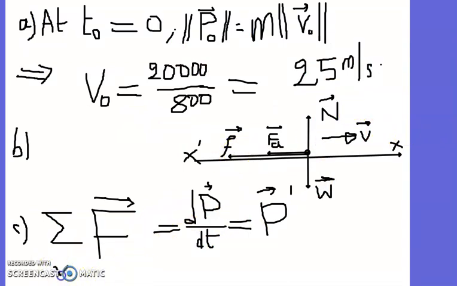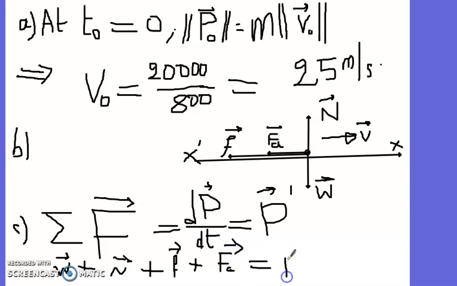We have W plus N plus friction plus air resistance. Okay? Equal P prime.